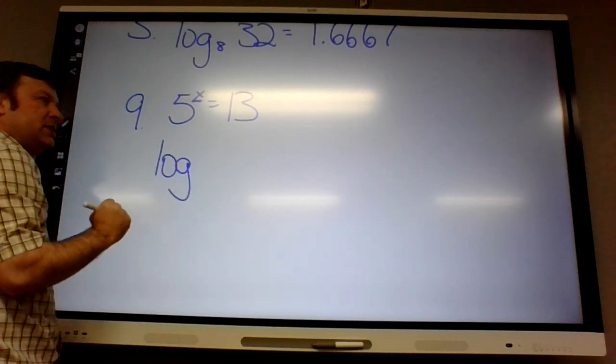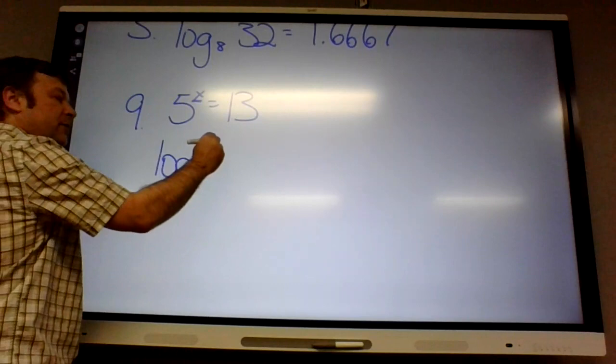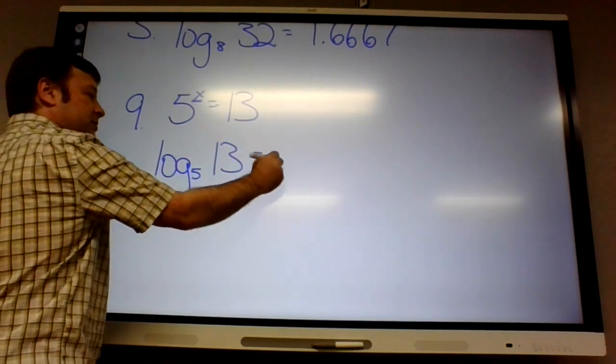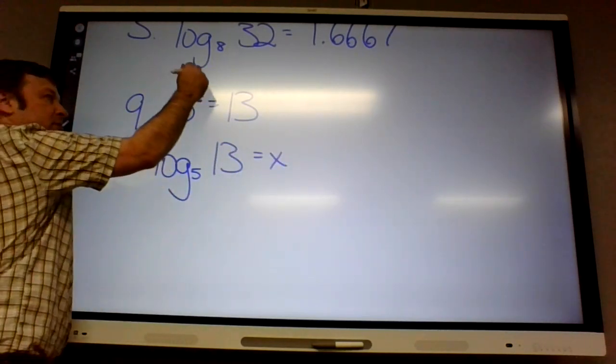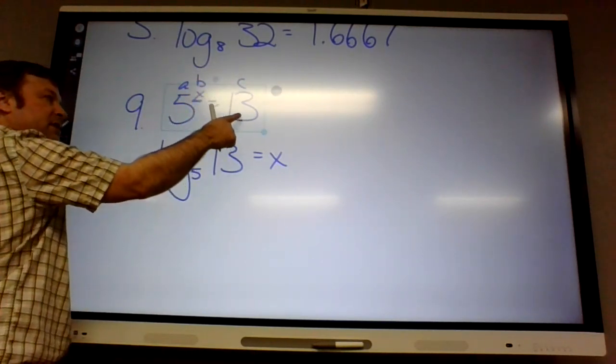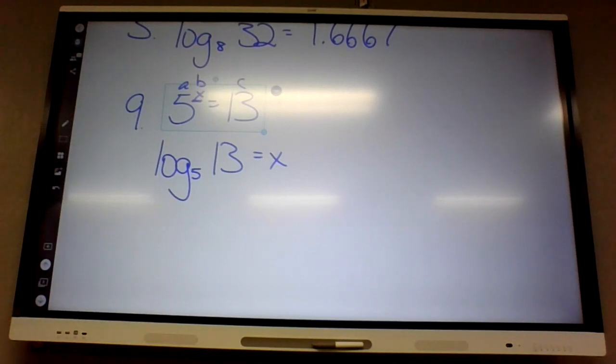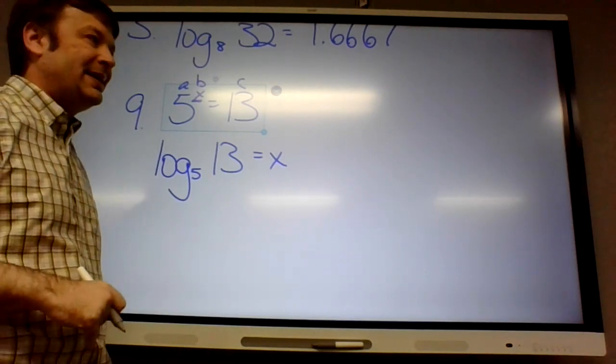Do you guys remember how we did this? Log base 5 of 13 equals x. So we change the order like A, C, B. So on 9, all you have to do is plug that in the calculator, and the directions are the same. We need to round it to the 10,000th place.